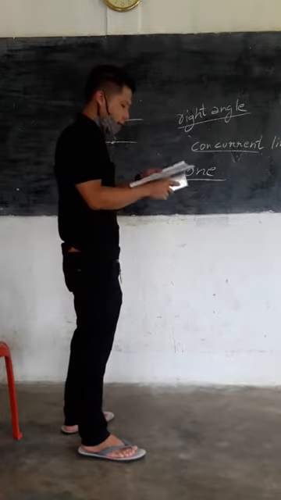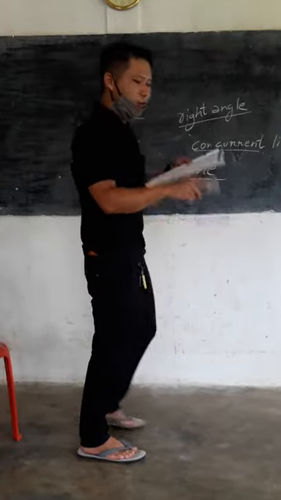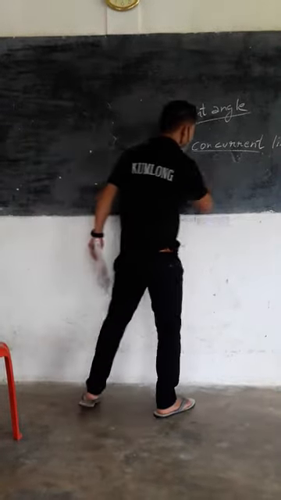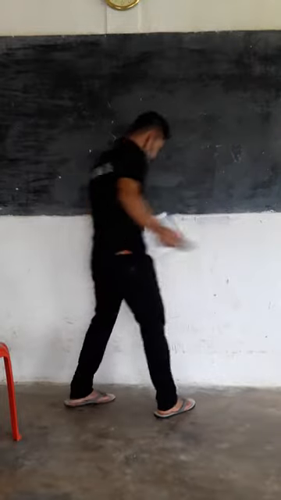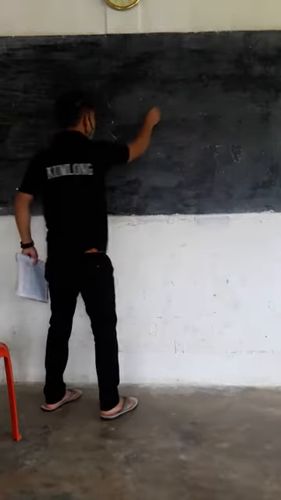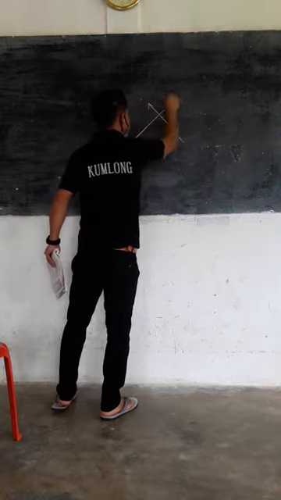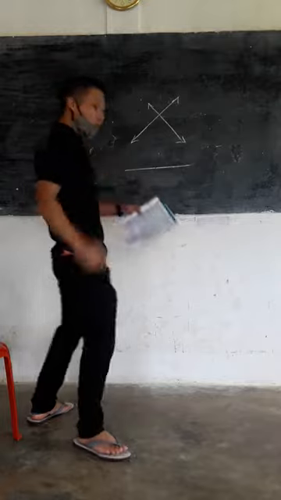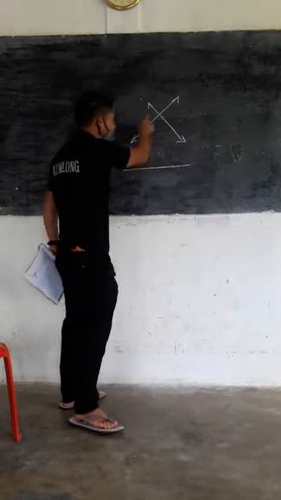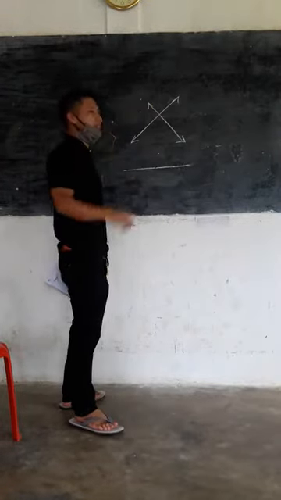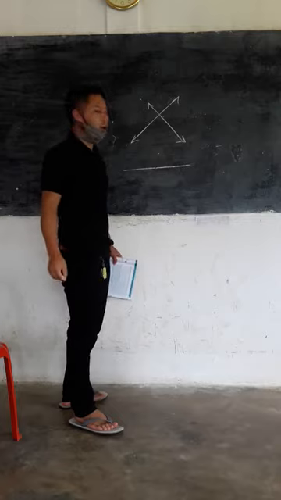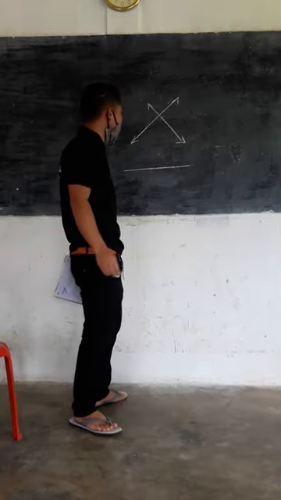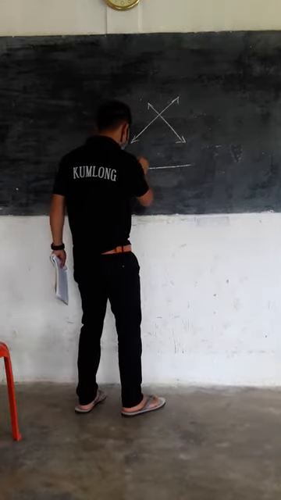Question number 5. Write the type of line in each of the following figures. Question number 1, the line is given like this. This one is known as intersecting lines. Crossing through one.